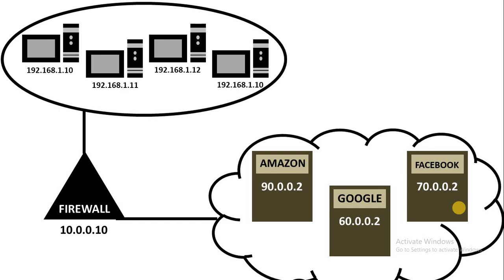Observe this diagram. We have 4 computers in an organization internal setup having private IP address of range 192.168.1.10 to 1.14.